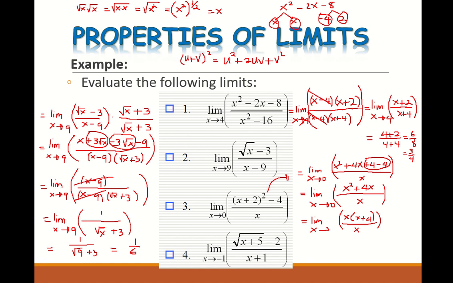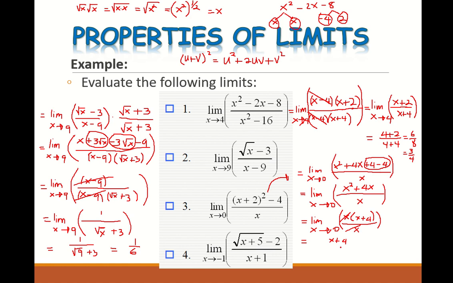You see that at the numerator we have x, and in the denominator we also have x, so a common factor. We can say x divided by x is equal to 1. So what is left in the numerator is x plus 4, and the denominator is only 1, because x divided by x is 1.